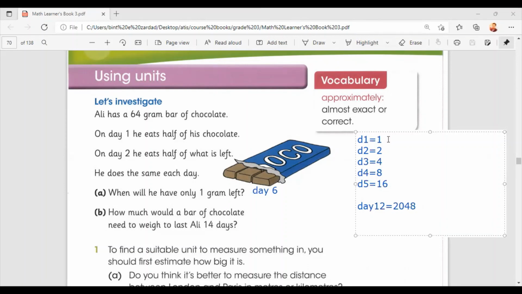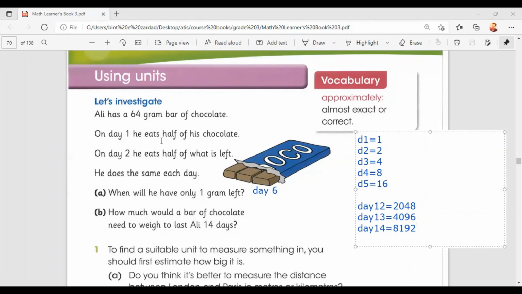And 2 more days. Day 13, making double, 4096. And day 14, after 14 days it's 8192. Yes, like this. And this is, Ali has a 64-gram bar of chocolate.